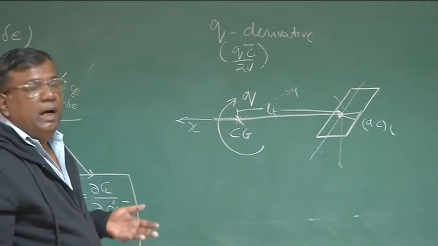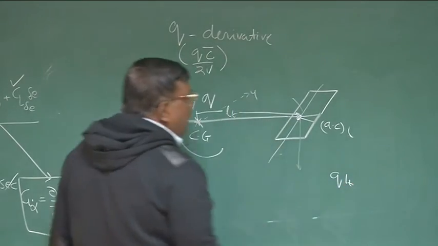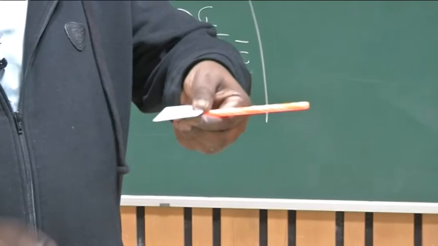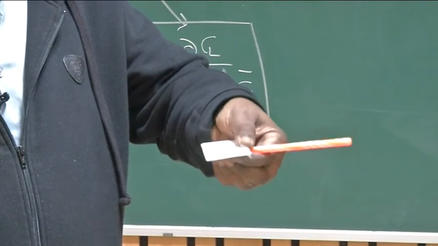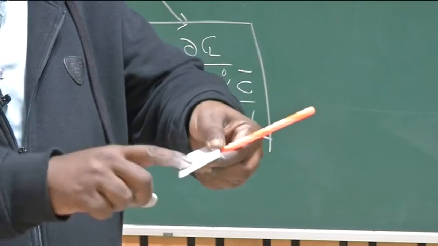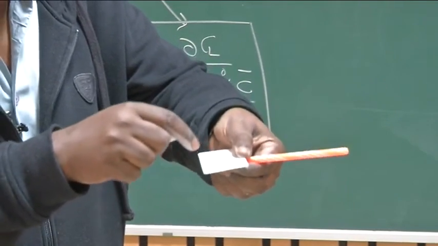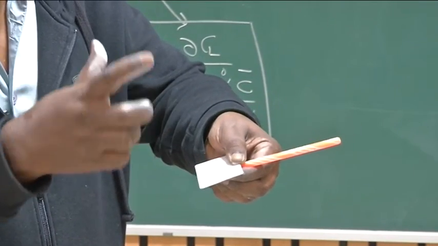V equal to omega R, so it will be Q into LT. Is it clear or not? If it's pitching up with positive Q, this tail is going down. So relative to the air, this tail will go down with what speed? With Q into LT, V equal to omega R.